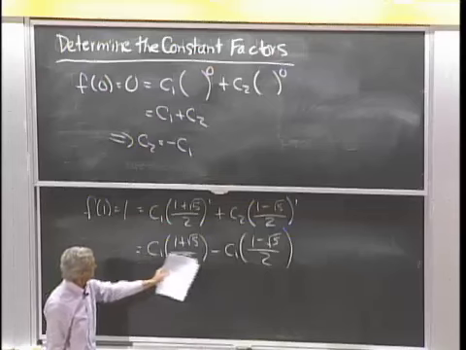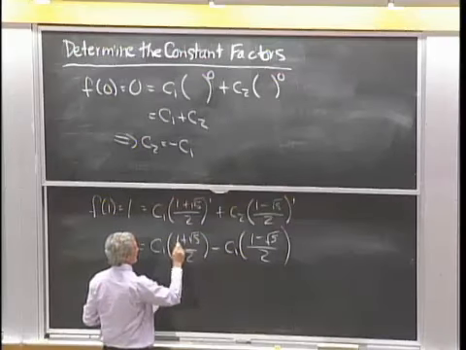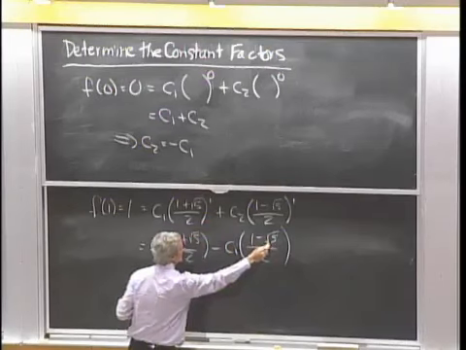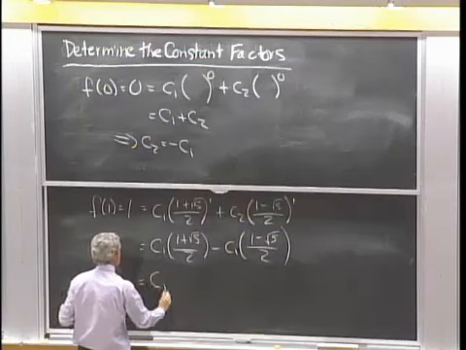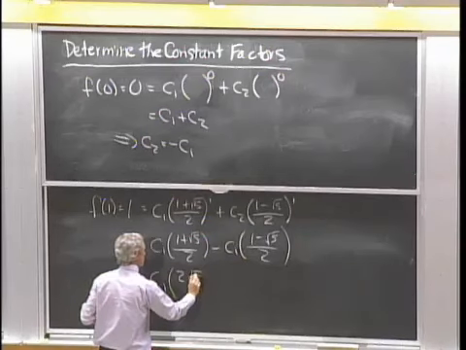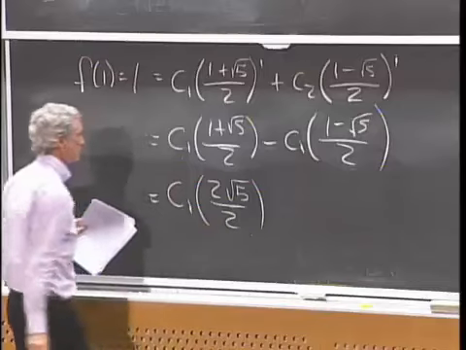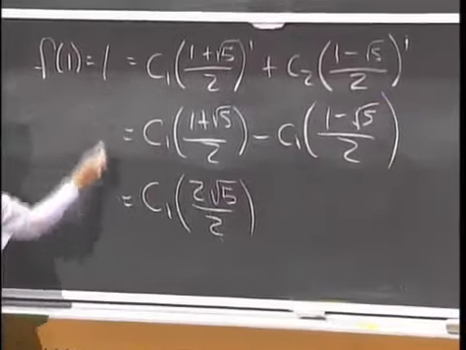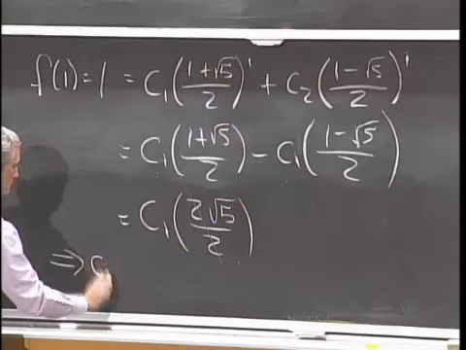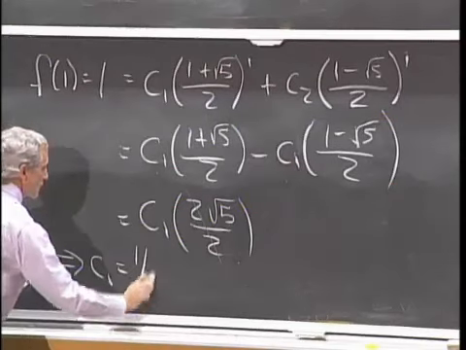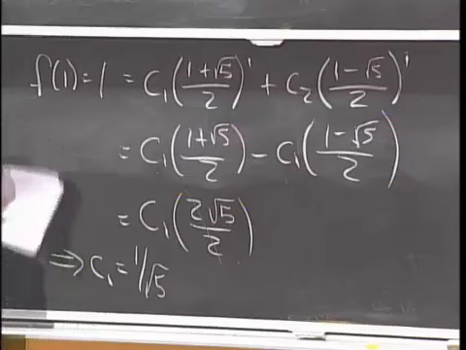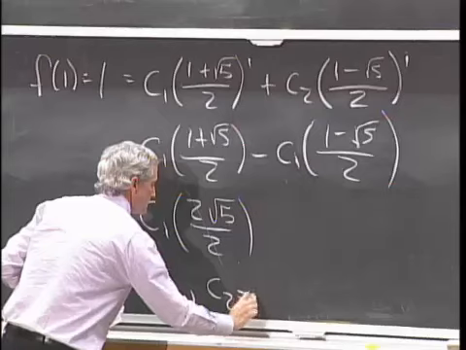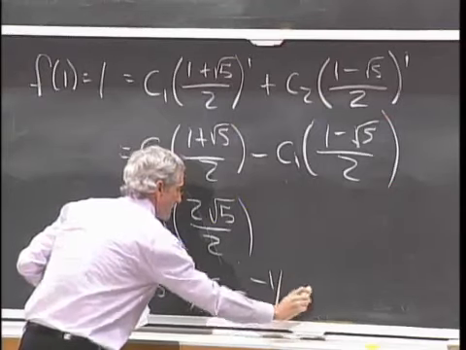Now I can factor out the C1. I get 1 minus 1, square root of 5 plus square root of 5. This gives me C1 times 2 square root of 5 over 2. These cancel. This was all equal to 1, so that means that C1 equals 1 over the square root of 5. And of course, C2 is minus that. C2 is minus 1 over the square root of 5.